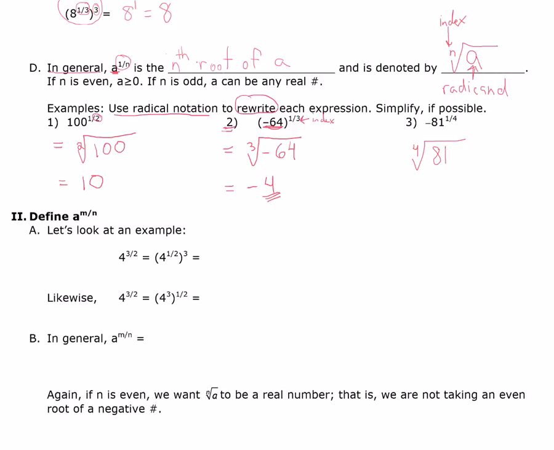Notice I didn't write this negative. Why didn't I write it? Excellent, it wasn't in parentheses. So this negative stays out in front, because this exponent only belongs to the 81. It does not belong to this negative sign.